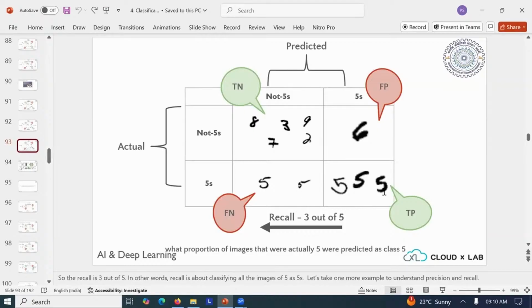But if you are increasing the threshold, we are increasing precision, right?